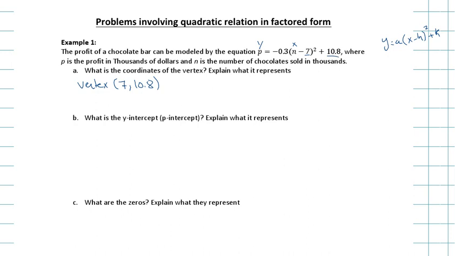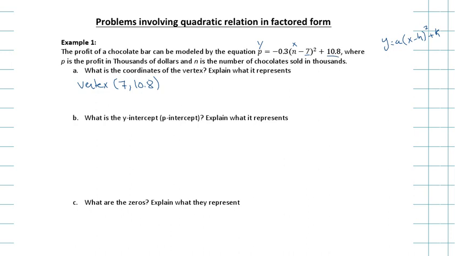The 7 is the number of chocolates, and the 10.8 is the profit. So you have to sell 7 what? 7,000 chocolates to make a profit of 10,800.